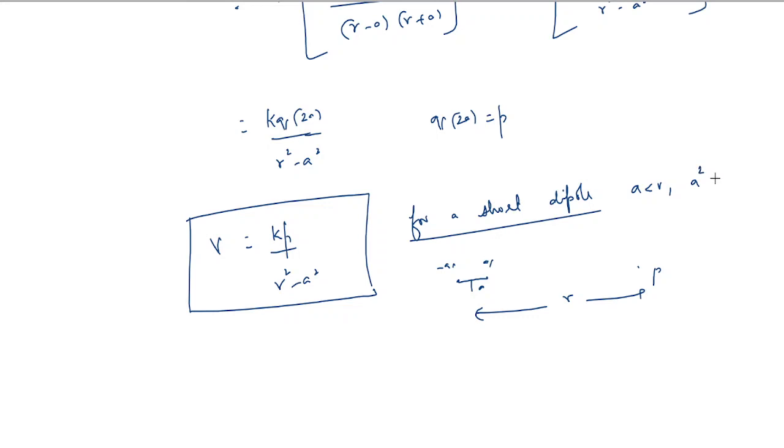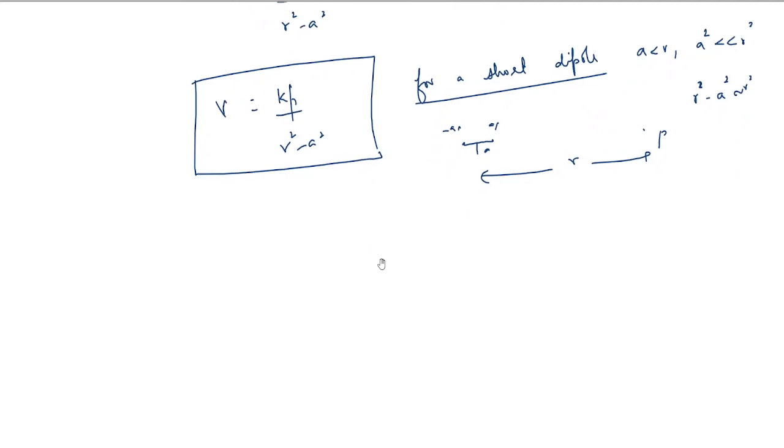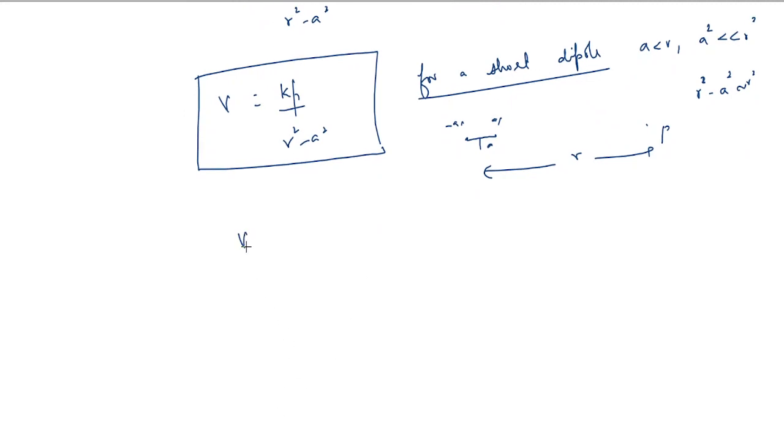It means a square is very much less than r square. Therefore, r square minus a square is almost same as r square only. So with that in mind, we put it back here, we get V is equal to kp by r square, or it will be p by 4 pi epsilon naught into r square. So this is the required potential because of this dipole at a point on the axis.